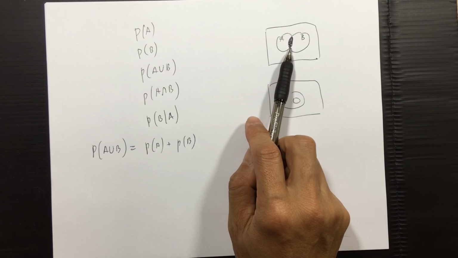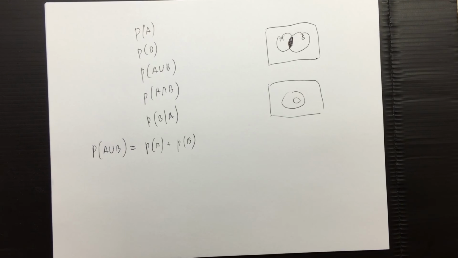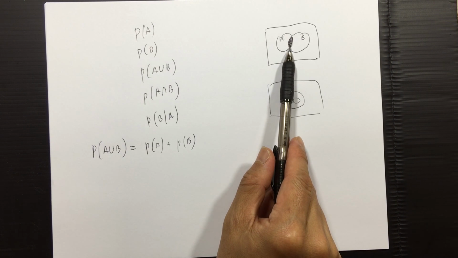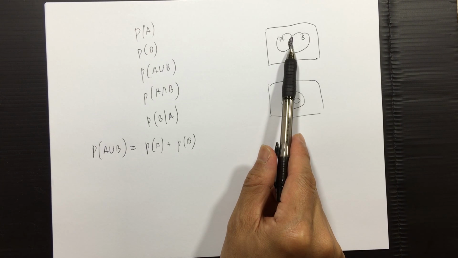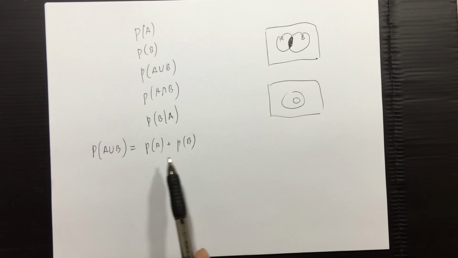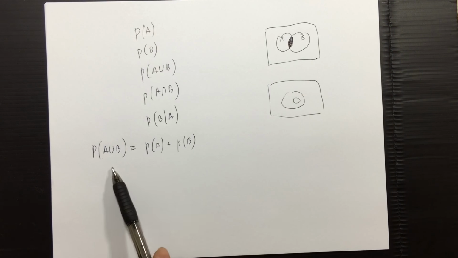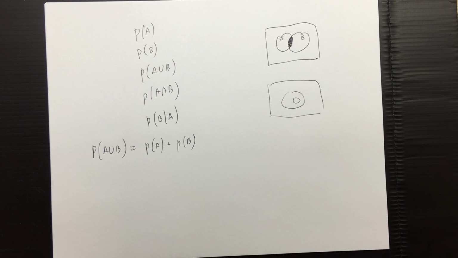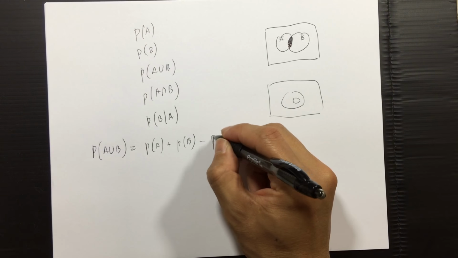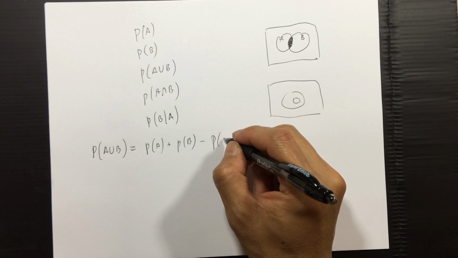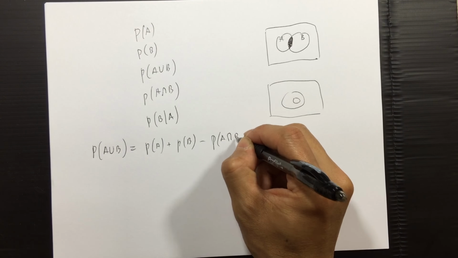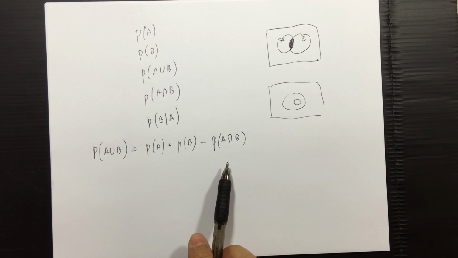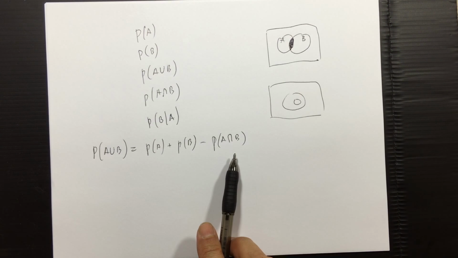What about this shaded area? You count it twice. For A to happen, you count this area once. B to happen, you count it again. So this probability is more than this, because you count the same events twice. So you minus, you take this part out, because this counts this area twice. So you take one out. That equals.